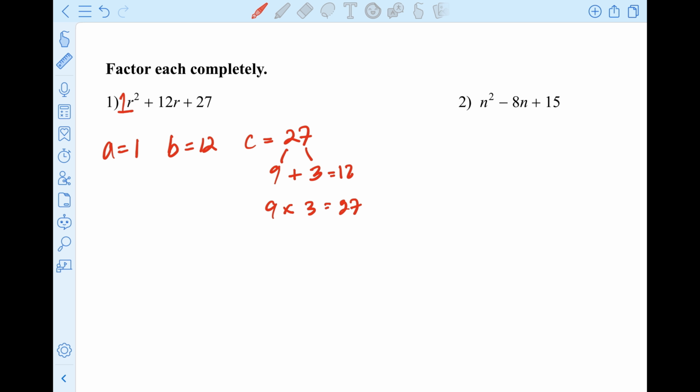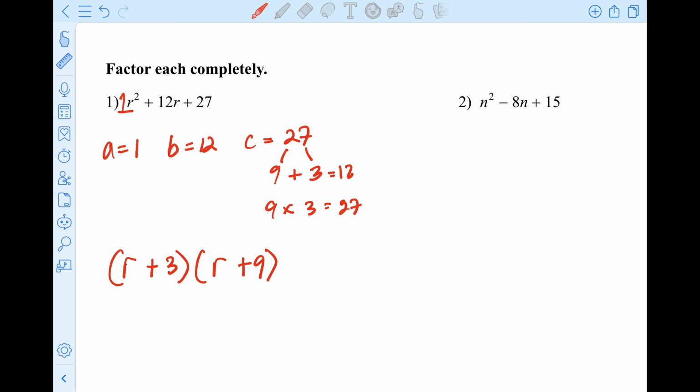Now, because these are your factors and it works, you will say that your answer would be R plus 3, R plus 9. These are your factors, and that's how you'd write it.